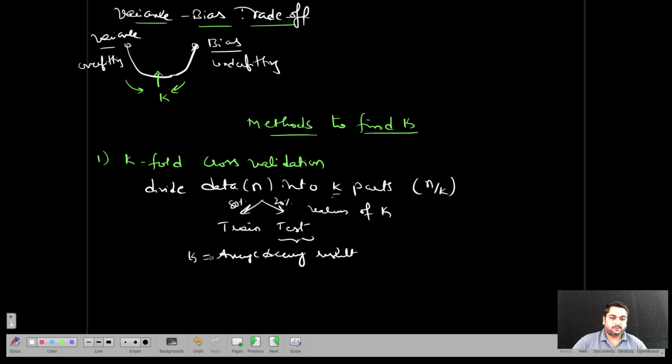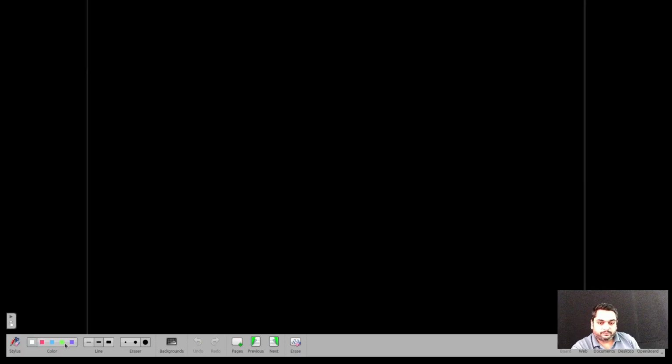You consider the k values that gave good accuracy results and take the average. That will give your k value. This is one method. We'll see k-fold cross validation again in further videos in depth with examples. That is the basic idea of how you apply k-fold cross validation.